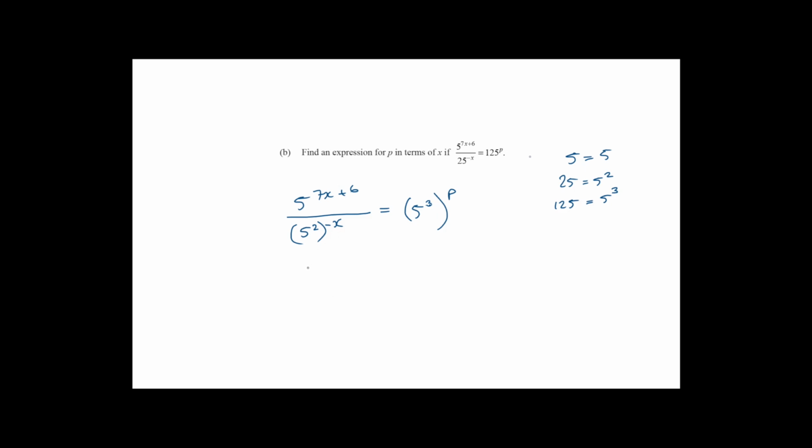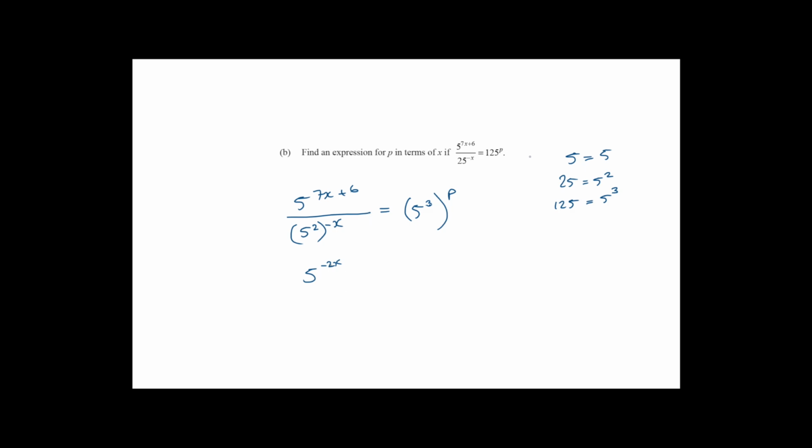Then this is going to cancel, so this is going to be 5 to the negative 2x. And then that's going to come up to the top.